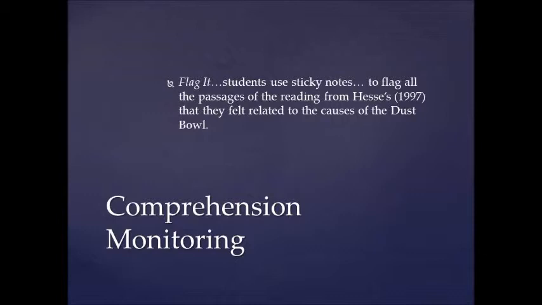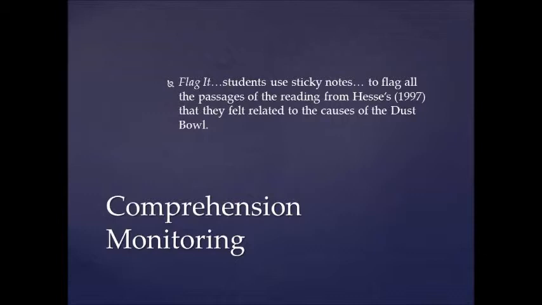Alverman, Phelps, and Gillis bring out that comprehension monitoring has proven to be successful with helping students to learn while they read. With that in mind, I planned to use a strategy highlighted in Fitzgerald and Graves called Flag It. In this strategy, students use sticky notes to tag parts of a reading that are significant in some way as they are reading the text.